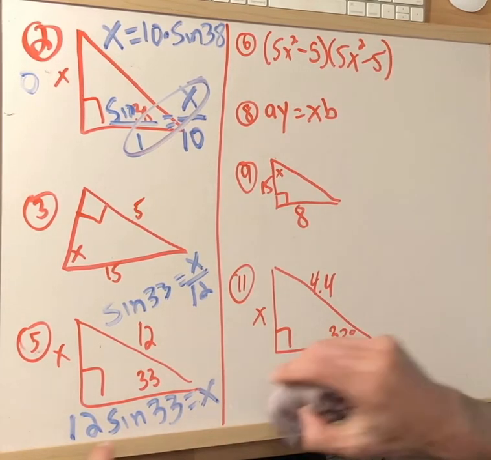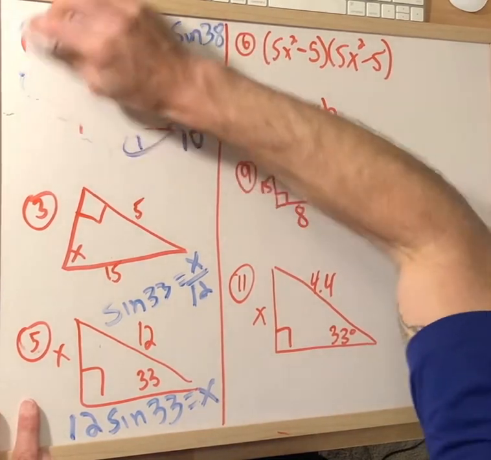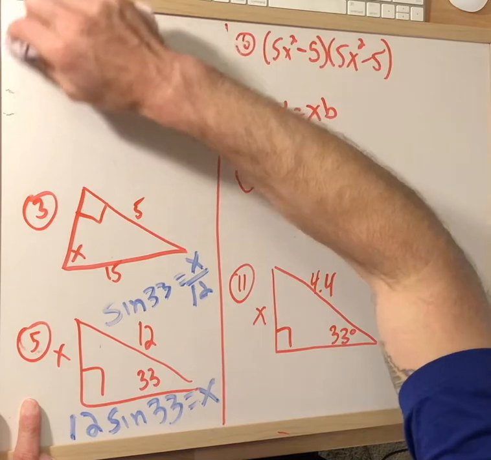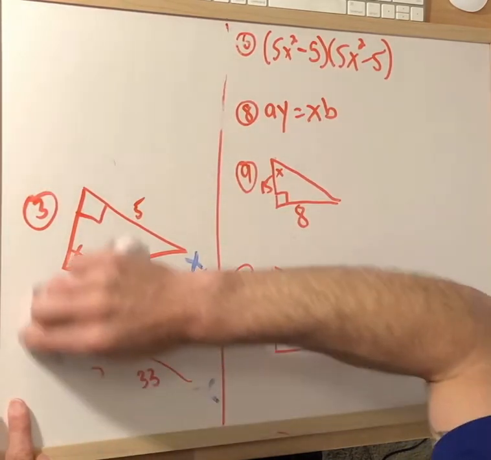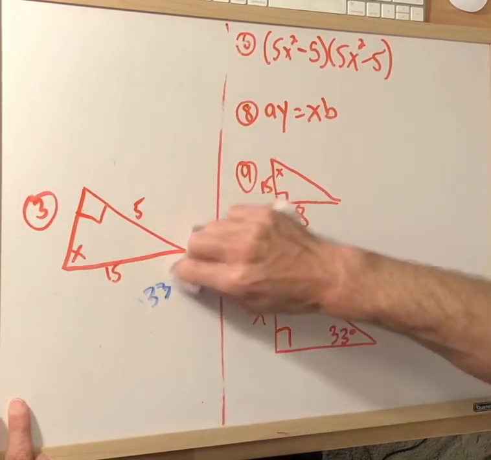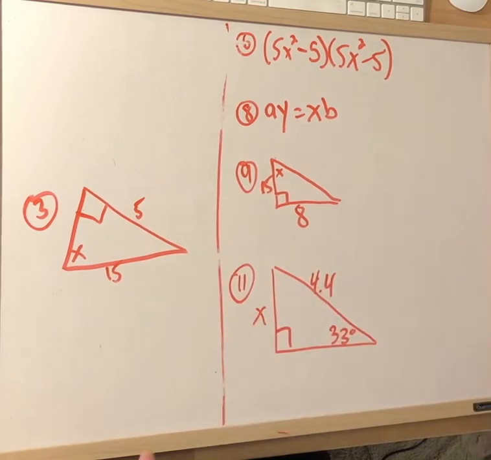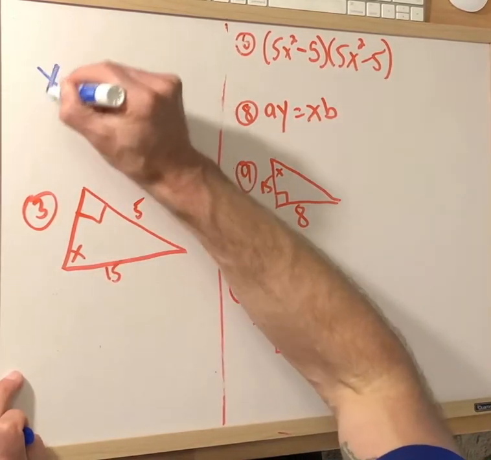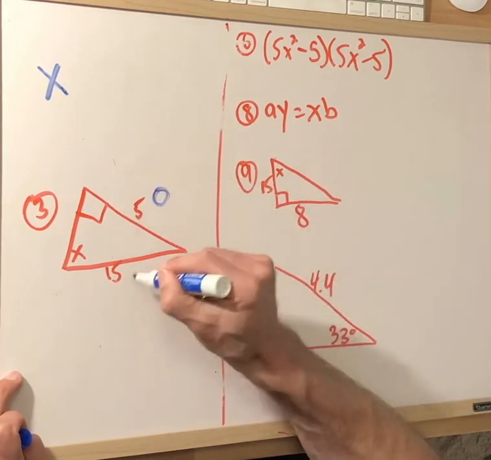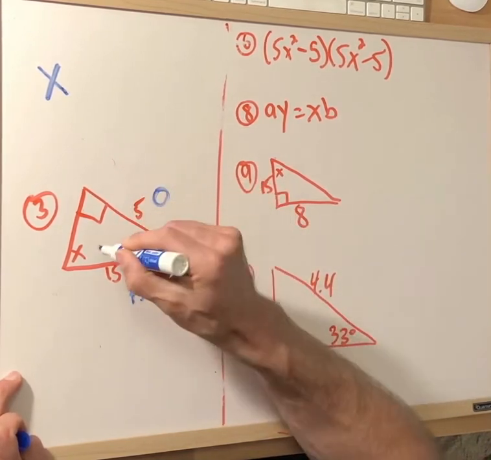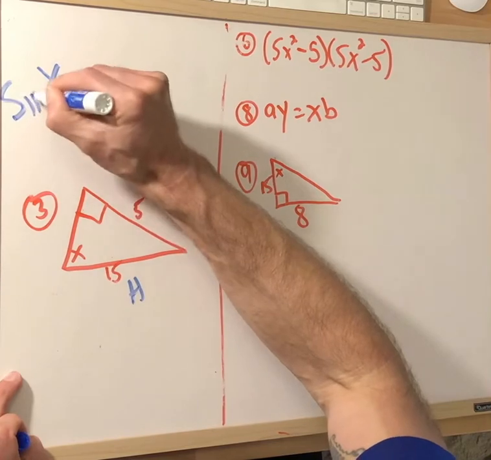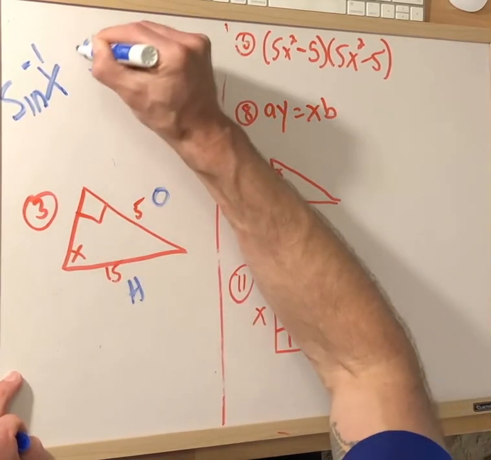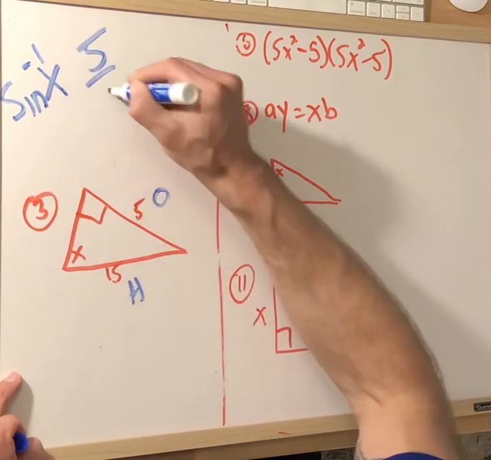Okay, now going on to number 3. You're using the inverse trig function because from angle x, this is your opposite, this is your hypotenuse. You're trying to find the angle, so it's inverse sine of opposite over hypotenuse.